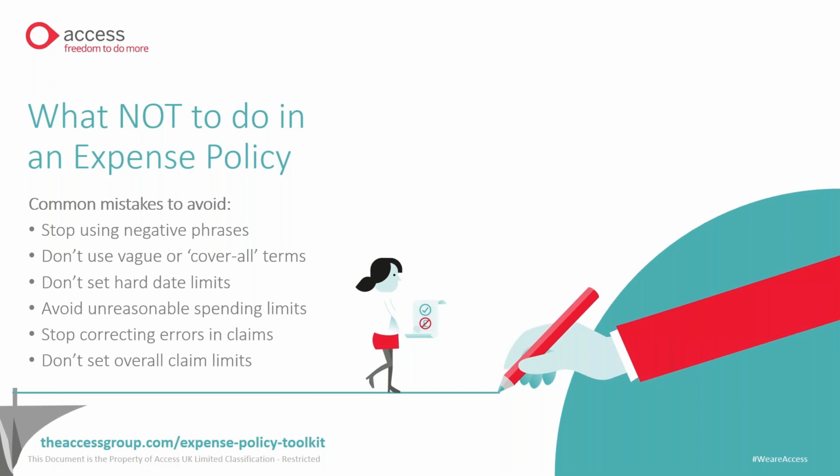But by setting hard date limits and having the system control that, you end up in a situation where the reality is that the end user, the employee, has in fact spent this money. They are out of pocket and they will seek reimbursement, albeit late. The result is that they'll simply falsify the dates or feel extremely aggravated or aggrieved by the situation.